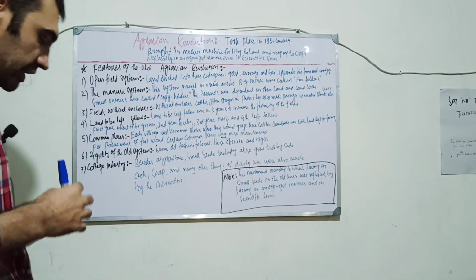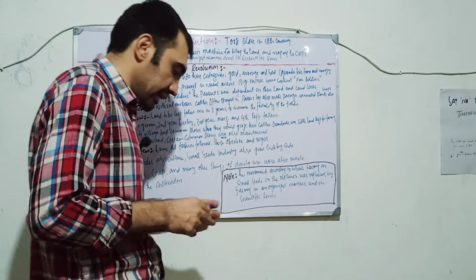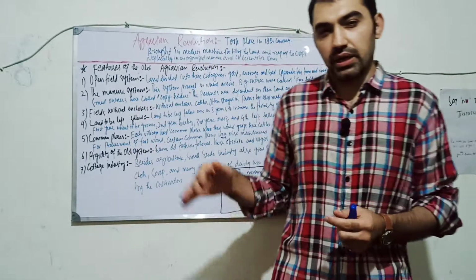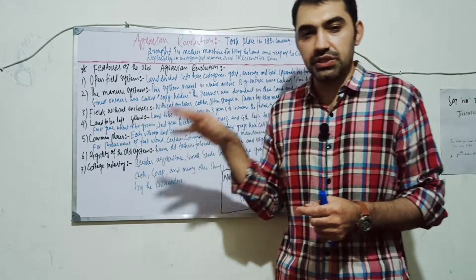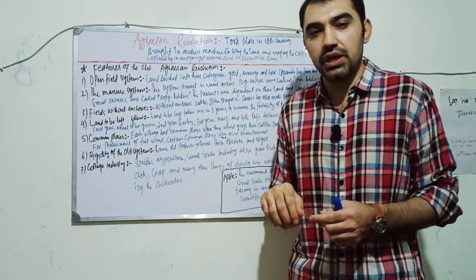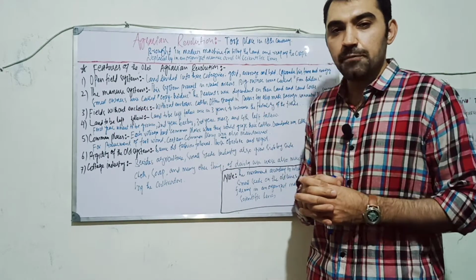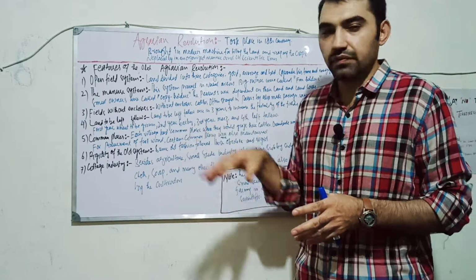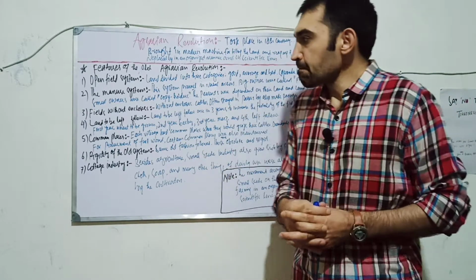So what were the features of the old agrarian system? First, let's talk about the features, then we will cover each feature in detail.